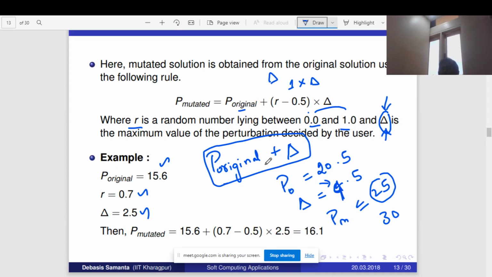That is how we got this P original plus delta. So if P original is this, R is this and delta is this, then this will be the mutated value. For P original 15.6, R 0.7 and delta 2.5, the result is 16.1. In this case, for this example, the mutated string will not exceed what value?